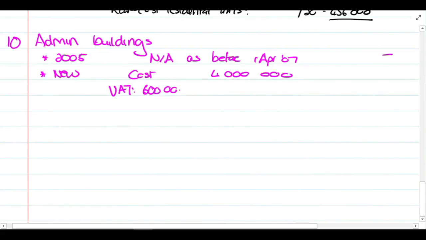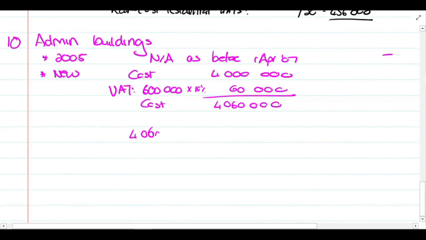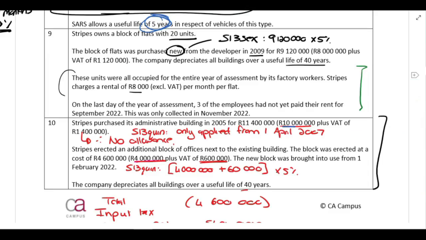We could only claim 90% of the VAT. So this gives us our cost. So 10% of the 600,000, 60,000, therefore forms part of the cost. Okay, everything else there, fine.